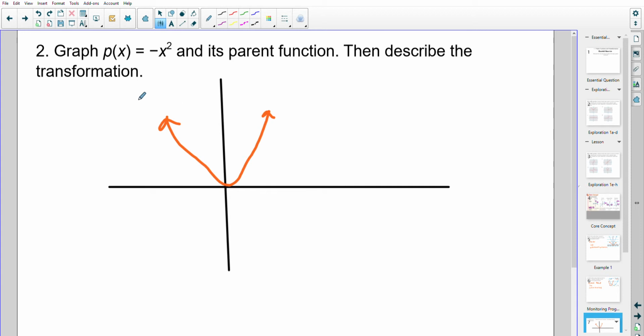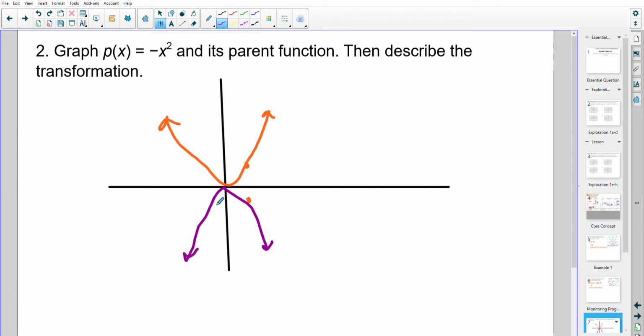Next, if I look at this problem, the question is to graph it. When you're graphing p of x, notice that there's a negative sign that you're multiplying by every x squared. So what that negative sign does is it takes any point here and reflects it down to here. That means all your y's are going to be 0 or negative, which means more or less it's going to look like this.